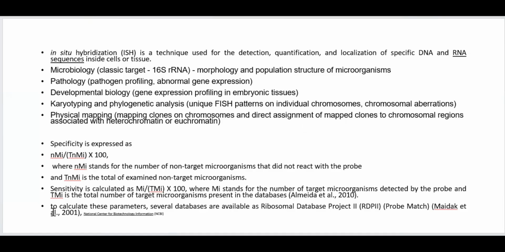Now here one formula I have written, but I will not go into the details because it is technical, about finding out the specificity. But yes, you can understand the concept, that is NMI, TNMI. These are the terminologies used. What does this stand for? NMI stands for the non-target microorganism that will not react with the probe. So, for example, you have a tissue sample infected with different types of bacteria, and you want to look for the particular Pseudomonas in that, which is a biofilm-forming organism and antibiotic resistant, that you want to find out in that tissue.